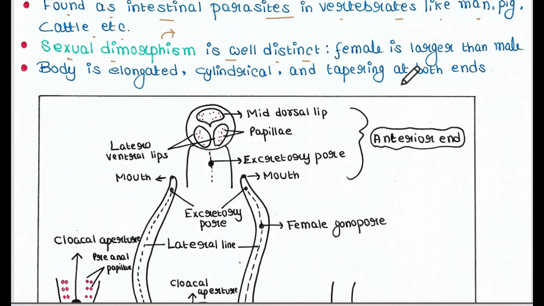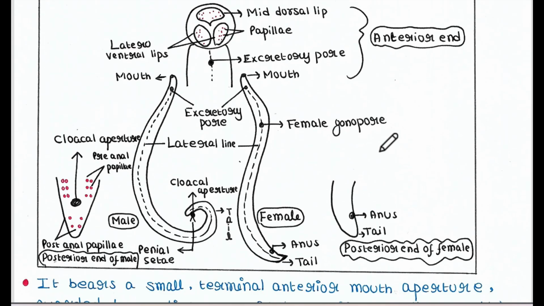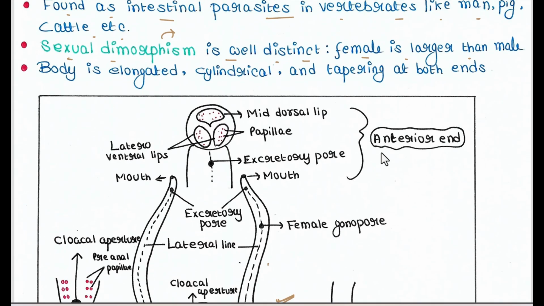That means male and female are different from outside, like the female is larger than the male. You can see this picture here. This is the female one and this is the male one. The female is larger, longer than the male. So that is called sexual dimorphism.